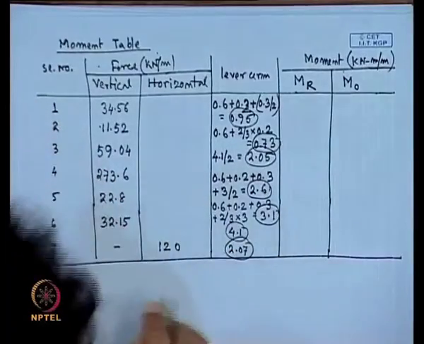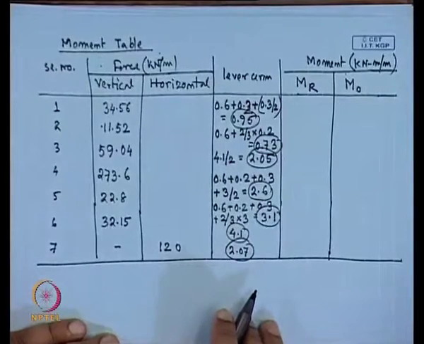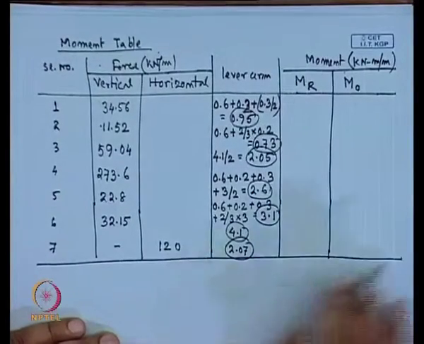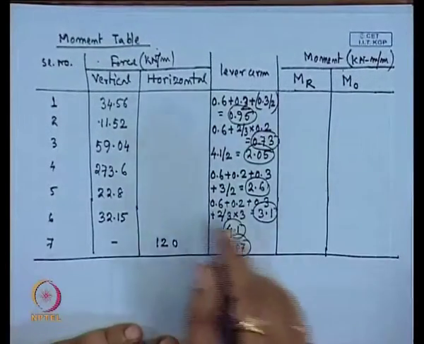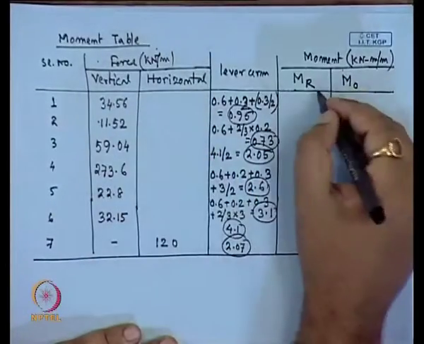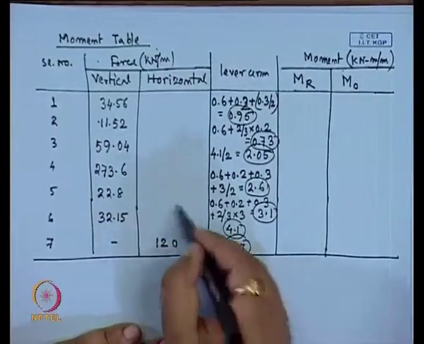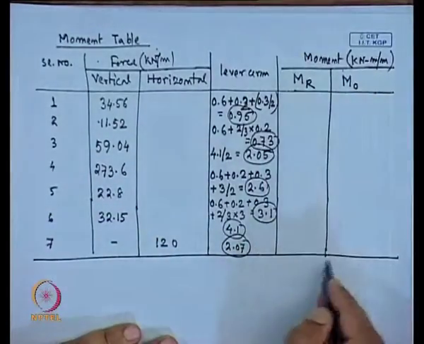These are all rounded values. The moments from the vertical forces will give the resistive moment, and the moment from the horizontal force will give the overturning moment.